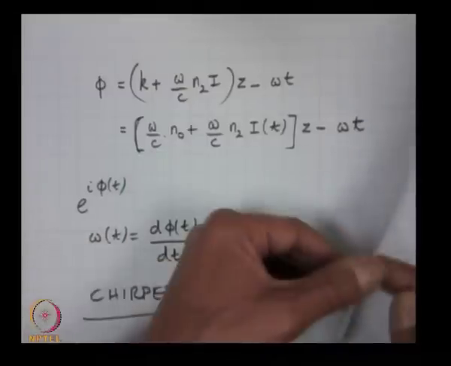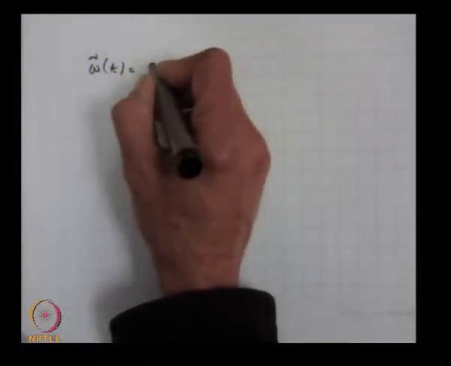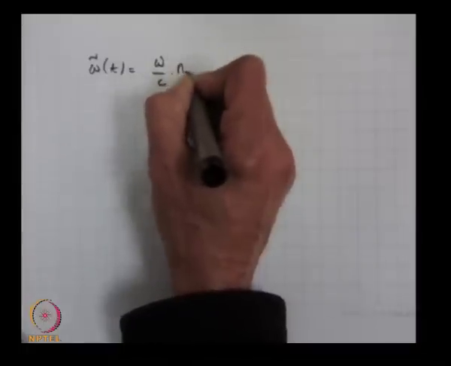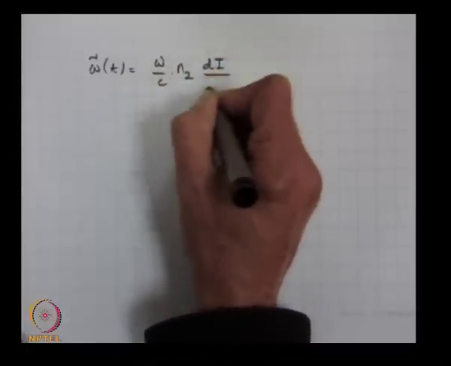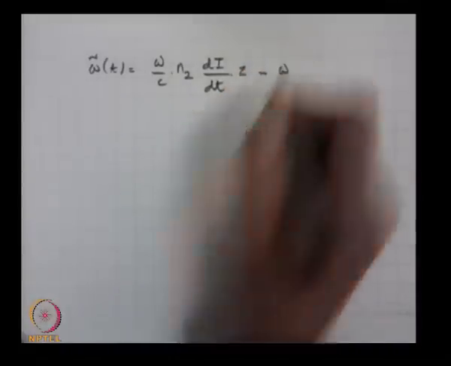And what instantaneous frequency will I get? Let me call this omega tilde of t. This is the differential of this, so this is omega by c n2 dI by dt into z minus omega.